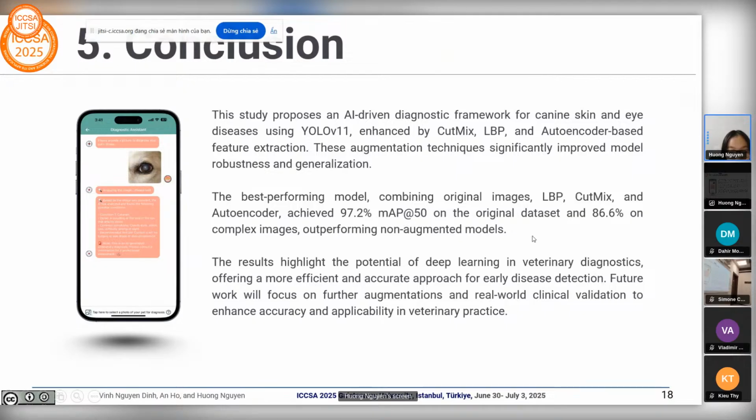And the results show that deep learning, when combined with smart augmentation, can greatly improve diagnostic accuracy and robustness, even in tough real-world conditions. And looking ahead, our future plan is to refine this framework further, explore new augmentation, and more importantly, test the system in real veterinary settings to support faster and more reliable disease detection for our furry patients.